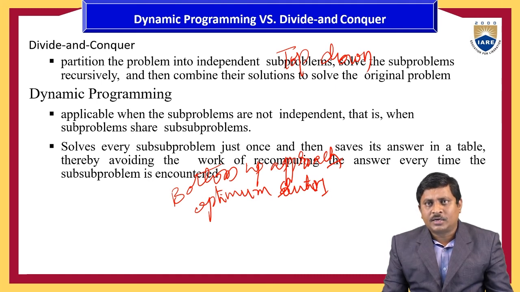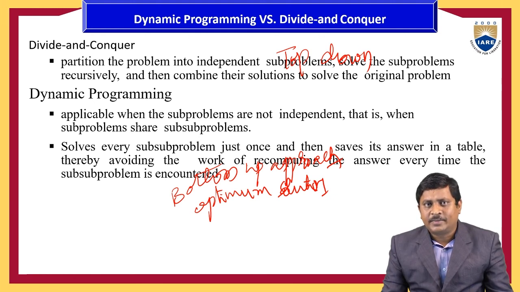In divide and conquer, we may or may not get the optimum solution. It is applied to problems which are divisible into subproblems, for example binary search, merge sort, quick sort.